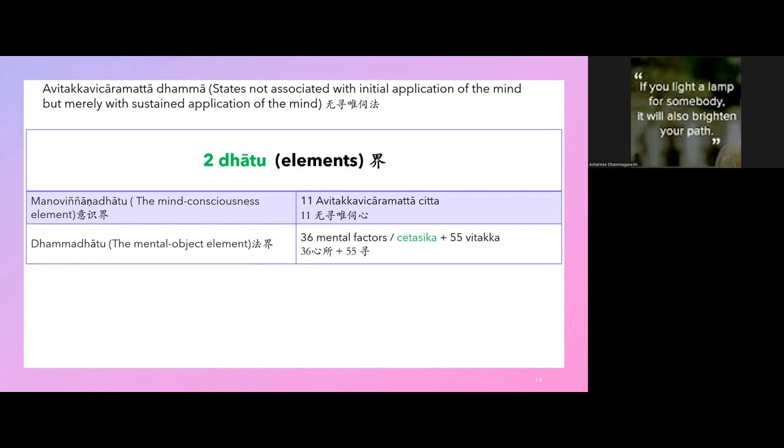And again, under dhātu, we get 2 dhātu. The 11 consciousness are classified under manoviññāna dhātu, and all the mental factors, the 36 mental factors plus the 55 vitakkas, are classified under dhamma dhātu.